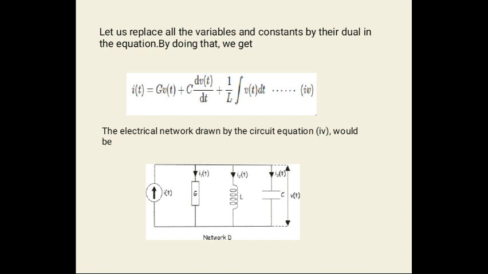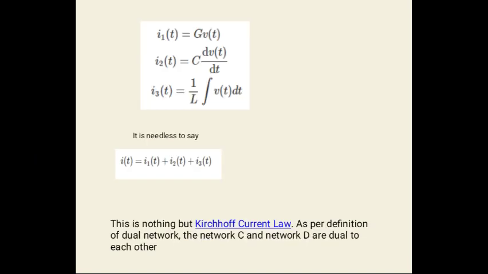Current flowing in the elements is I1t, I2t and I3t. Now I1t is G Vt, I2t is C dV upon dt and I3t is 1 upon L integration of Vt dt. It is needless to say IT is equal to I1t plus I2t plus I3t.